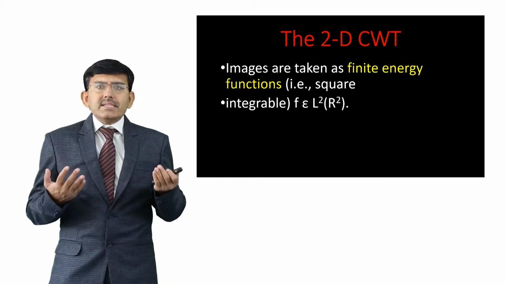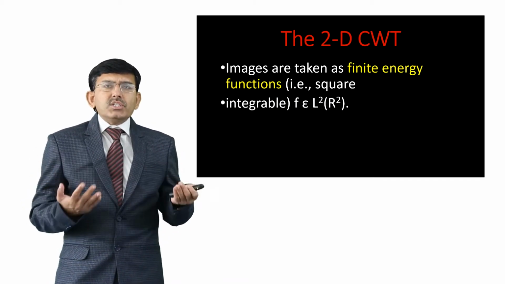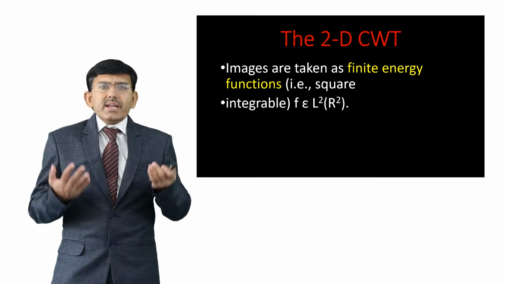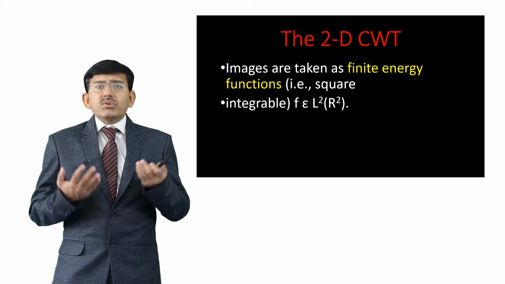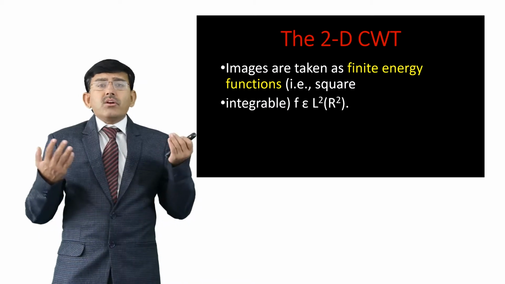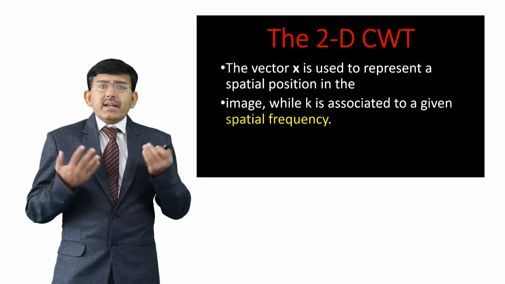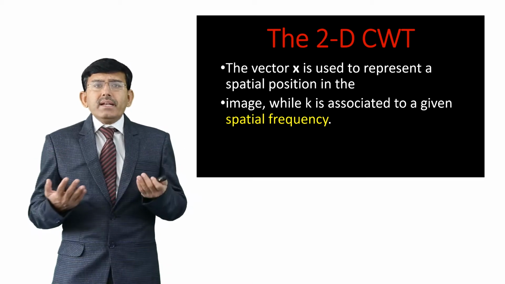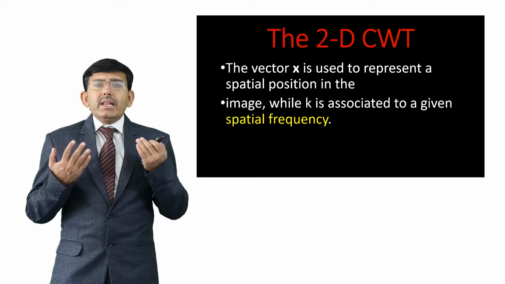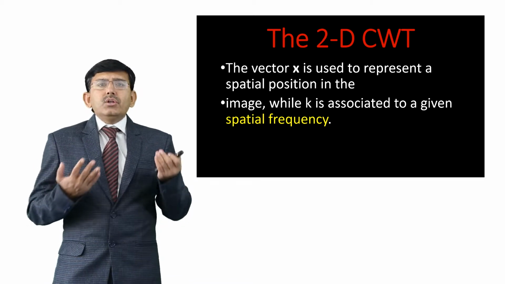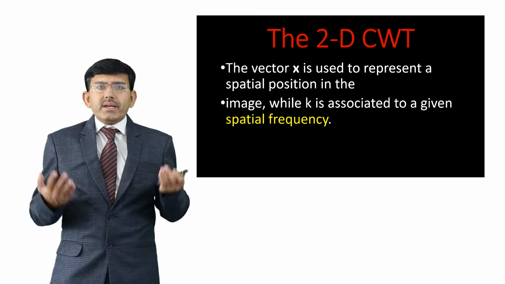Images are taken as finite energy functions, that is, square integrable, f ∈ L²(R²). The vector x is used to represent a spatial position in the image, while k is associated to the given spatial frequency.